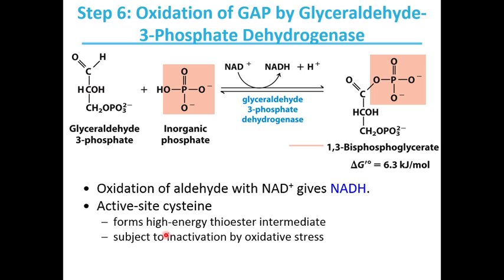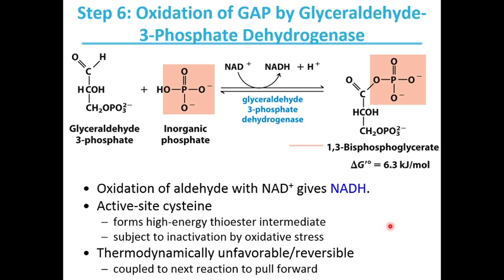It forms a high-energy thioester intermediate, and it is subject to inactivation by oxidative stress as well. Now, if you look at the standard free energy change, it is thermodynamically unfavorable, or reversible. And one of the ways in which this reaction proceeds forward is by coupling to the next reaction.